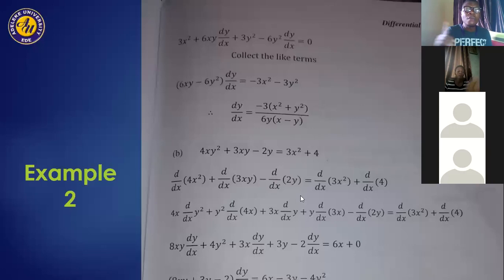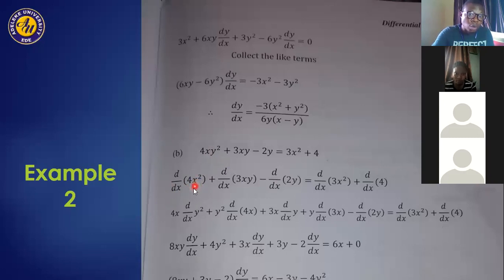So example: 4x y squared plus 3xy minus 2y is equal to 3x squared plus 4. Just the same concept. Now, let's move straight. This is meant to be 4x y squared, not 4x squared.